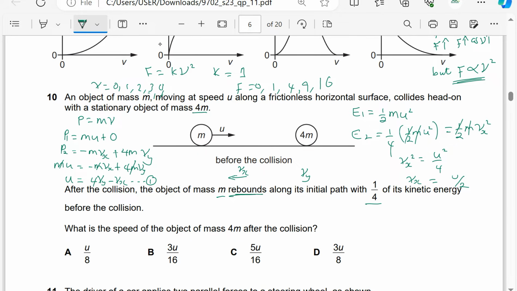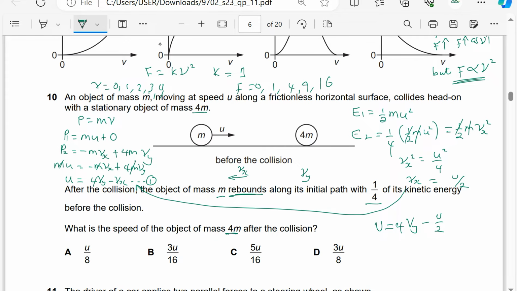Okay, but I want the speed of 4m after the collision. That is, I want Vy. So I will substitute in that equation there. u equals 4 times Vy minus, where there is Vx, I'm putting u divided by 2.